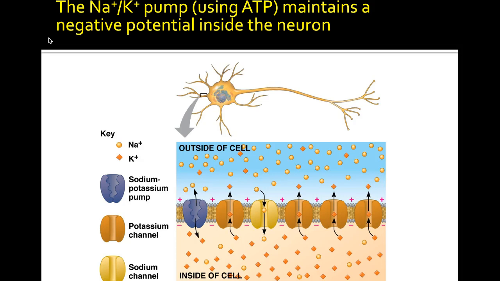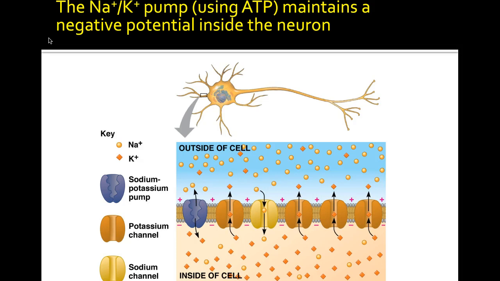So the potassium is able to flow from the inside to the outside thanks to the many different potassium ion channels, and it goes with the concentration gradient. Now, there's not as many sodium channels in the membrane, and outside the cell, there's a high sodium concentration.